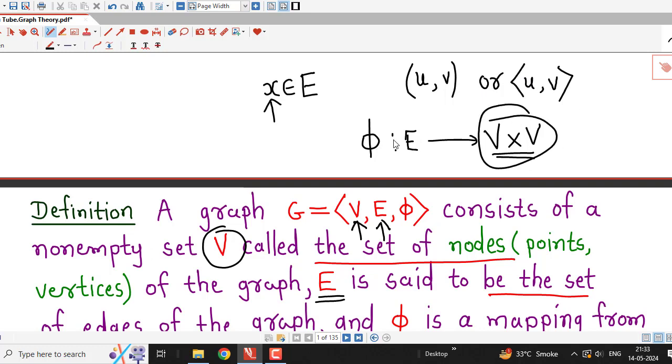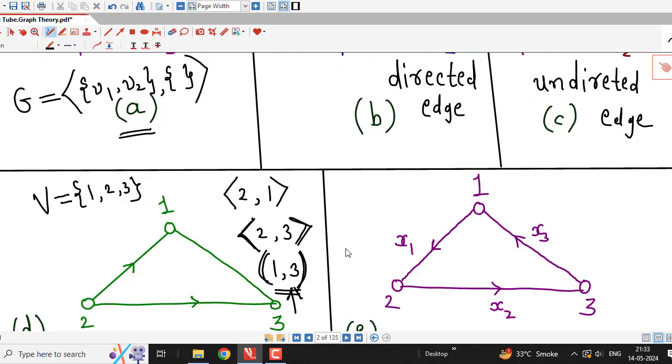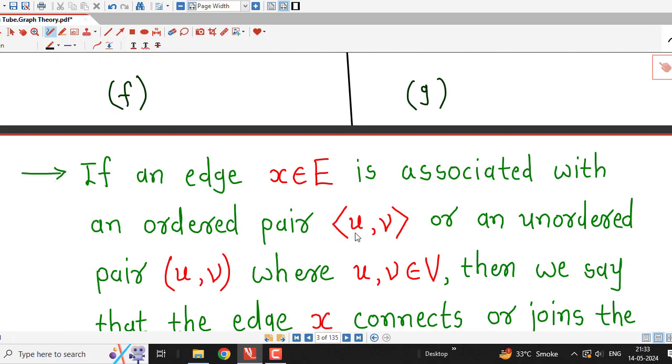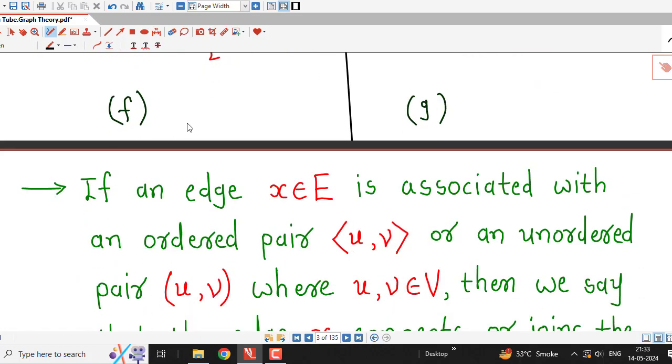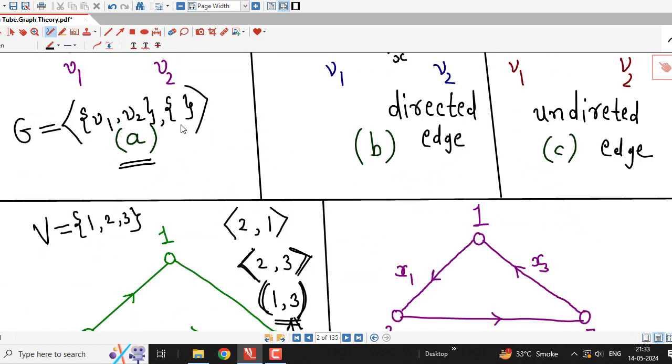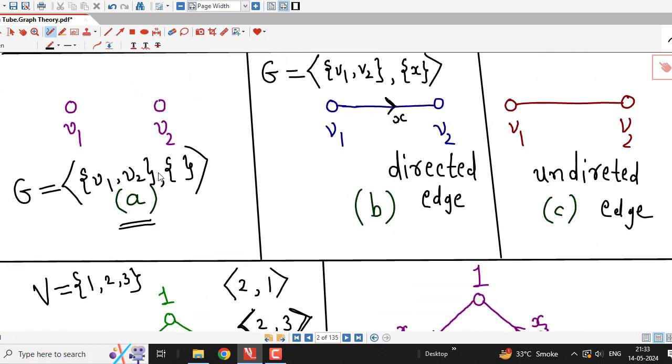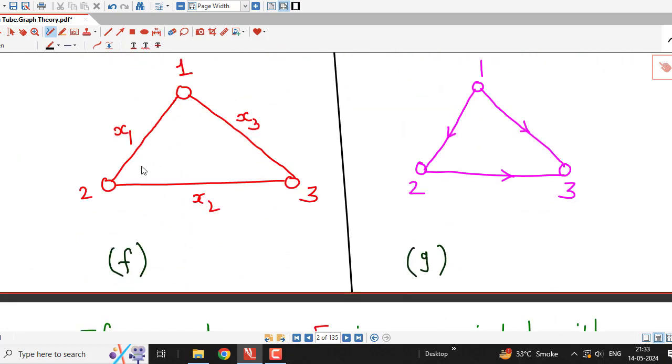If this happens, then we say that this system (G, V, E, phi) is a graph. We will continue this discussion with different terminologies, and we have to remember all these definitions and terminology that we will require throughout this chapter.